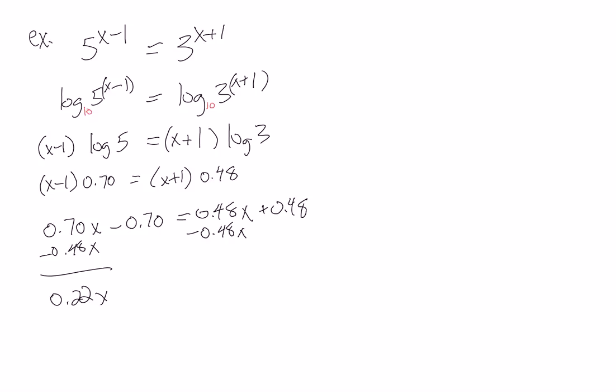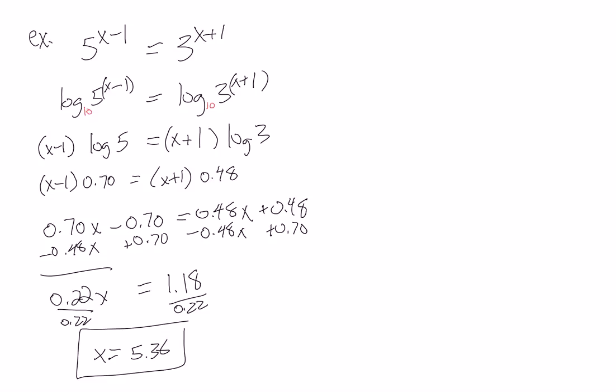And let's also add the 0.7 on the other side while we're at it. So that would be 0.22x, and then on the other side we'd have 1.18. So now all we have to do is divide those out. So 1.18 divided by 0.22. Right? Get rid of the 0.22 on both sides. So that'll give us x equals 5.36.